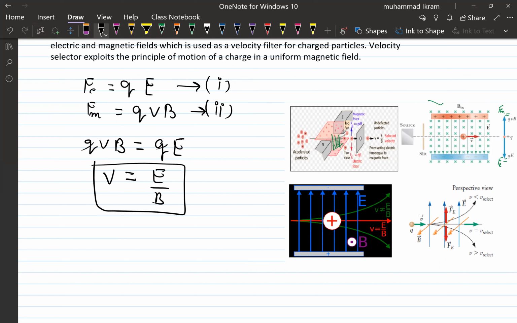The velocity for which the charged particle will pass undeflected is the ratio of the electric to the magnetic field that acts on the charged particle.